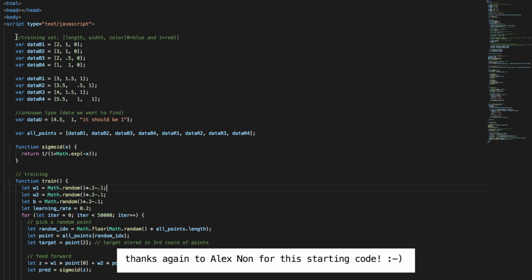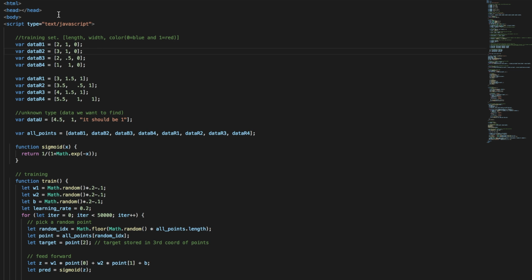So we start off with our training data, and that's a bunch of variables. Each one of these lines of code is one flower, and you can see the first feature is the length of the flower, the second feature is the width, and then I put the type here as a number, right? So these are all blue flowers, data blue 1, data blue 2, data blue 3, data blue 4. So they all have a 0 here for their type.